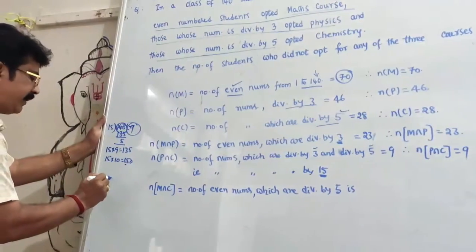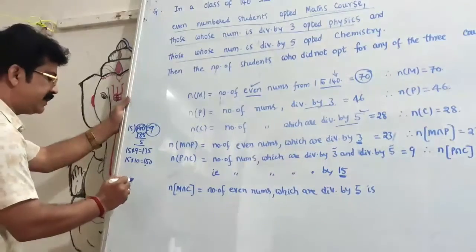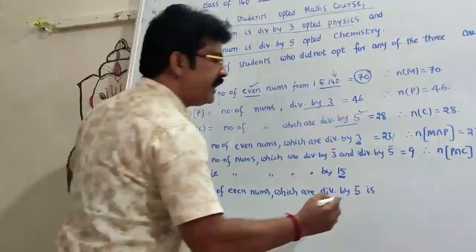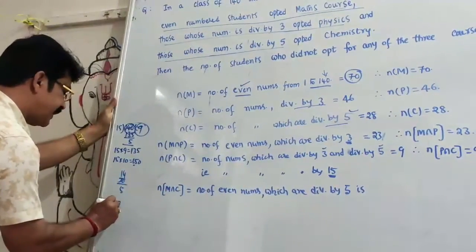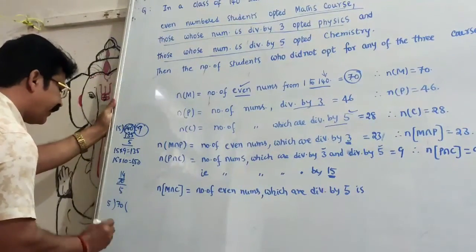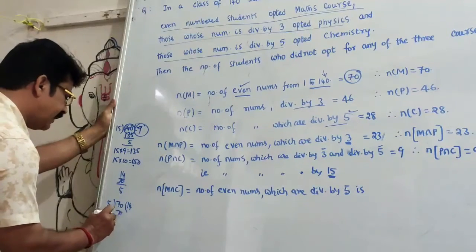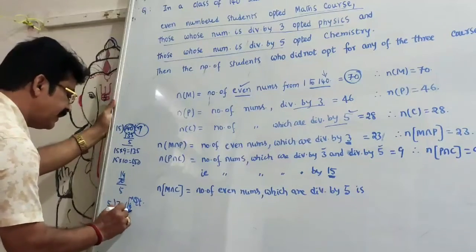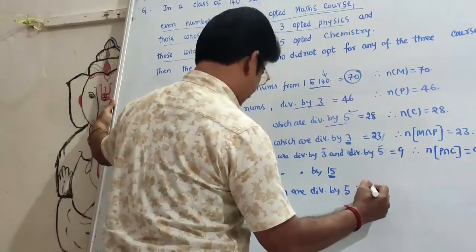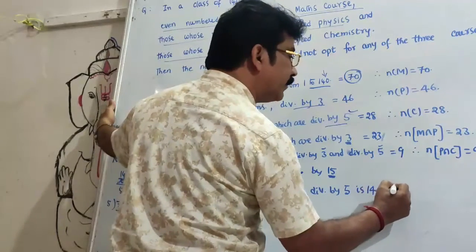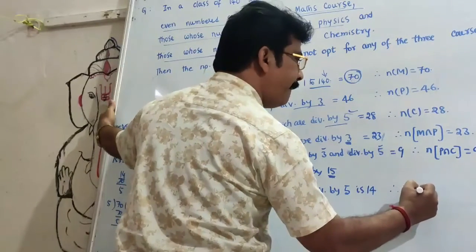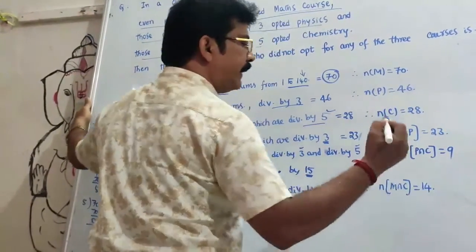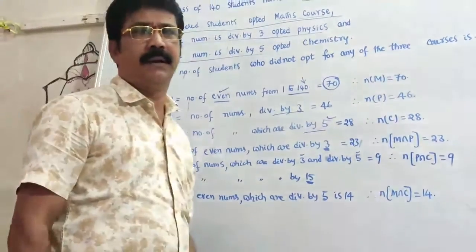Divisible by 5 means 5 1s are 5, 5 4s are 20. So how many are there? 14. So 70 divided by 5 is 14, remainder 0. Whatever the remainder, we have to take the quotient. Understand? So n of M intersection C is equal to 14.